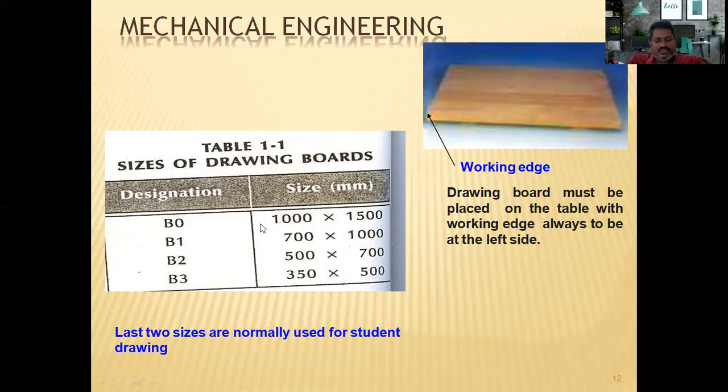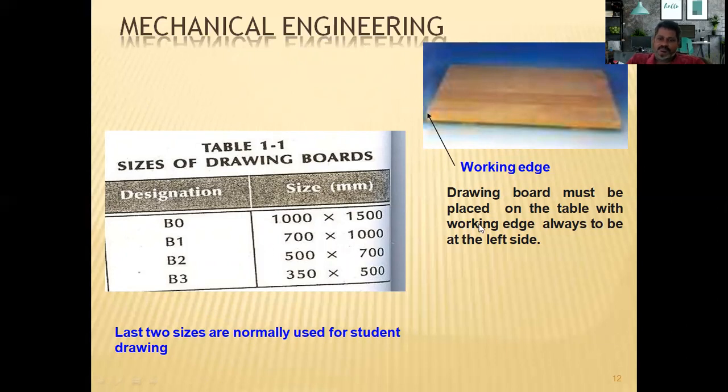Out of all these, B1 size is mostly used. 700 by 1000 millimeters is mostly used by most of the draftsmen.